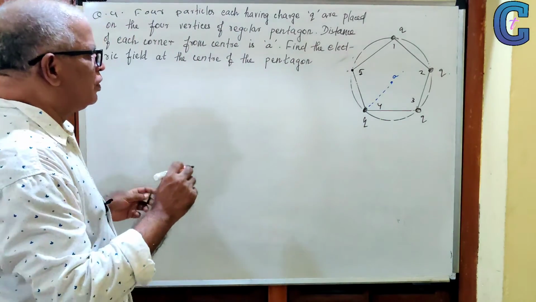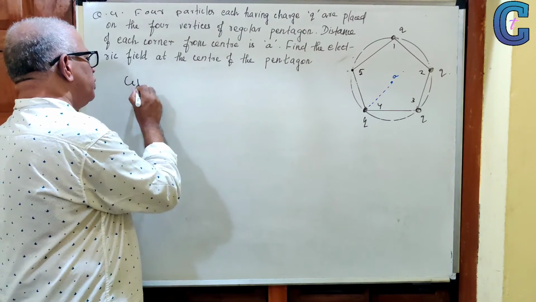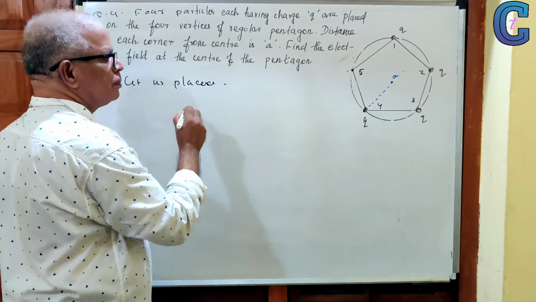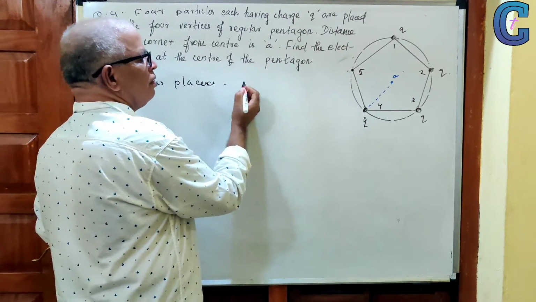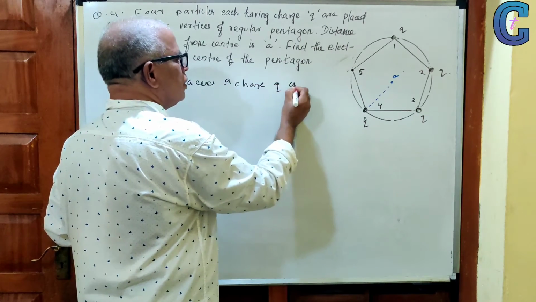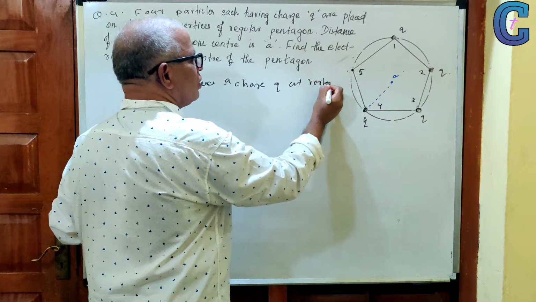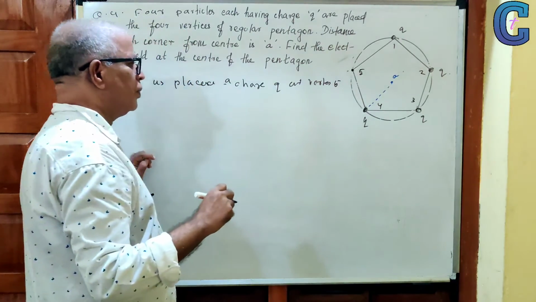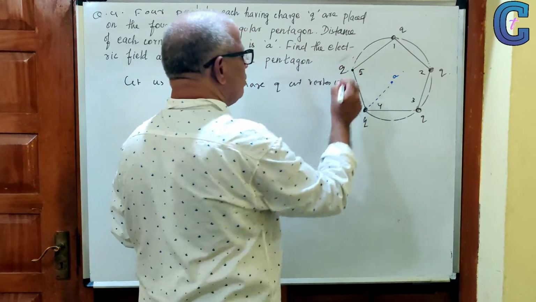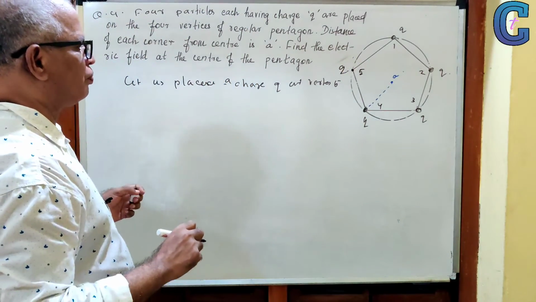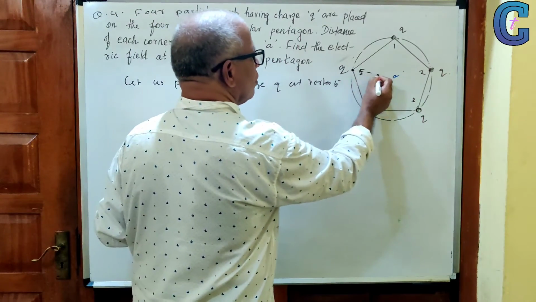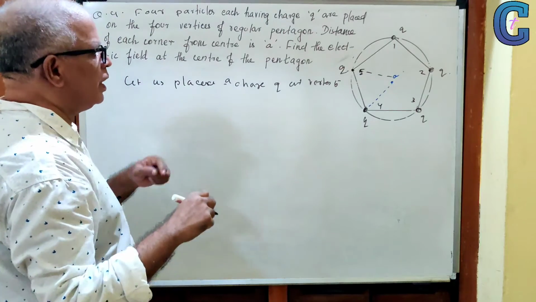Now, suppose we place a charge Q at the fifth vertex. Now, if you place a charge Q here, then by symmetry the electric field will be 0. The distance is a.